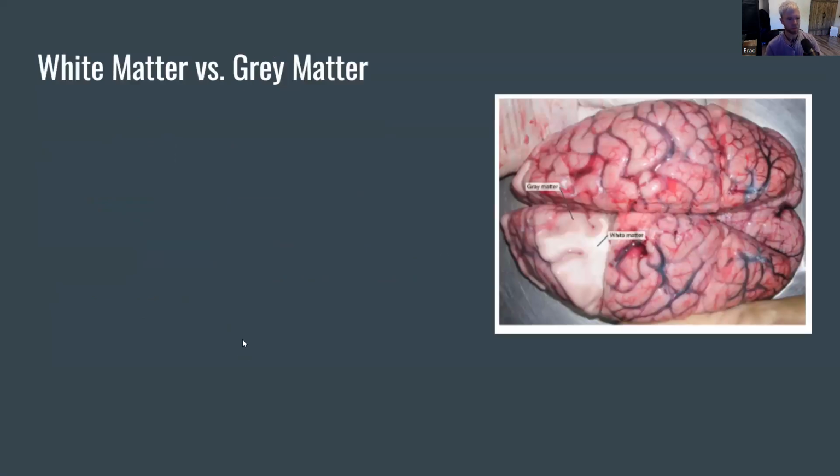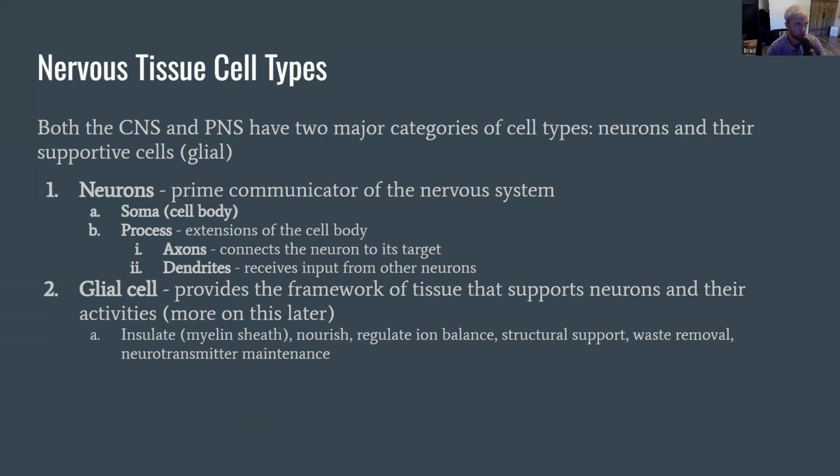So real quick, it's important to distinguish the difference between white matter and gray matter. And just to back up too, because I think I jumped ahead. Glial cells are not involved whatsoever in the sending of the impulse. The impulse is the action potential, and it is primarily sent with the neuron itself.